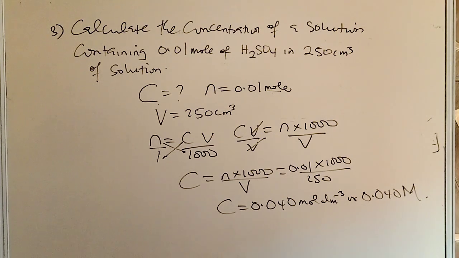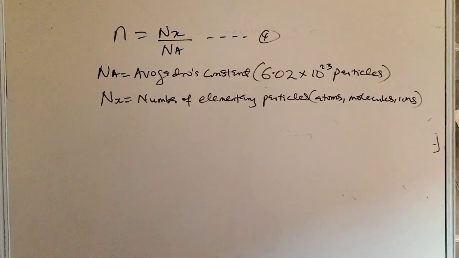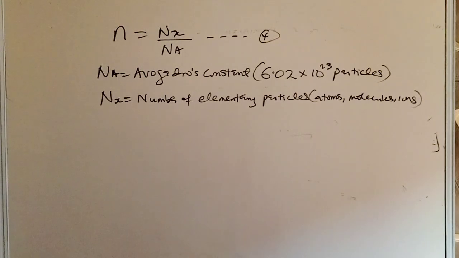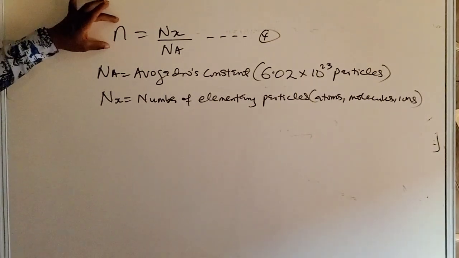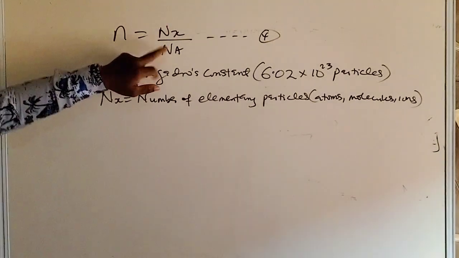So having done that, we now go to the fourth formula of finding number of moles. We have done three formulas: first, N equal to mass over atomic mass. Second, N equal to mass over molar mass. Third, N equal to CV, or CV over 1,000. So we look at the fourth formula that says number of moles equal to NS over NA.